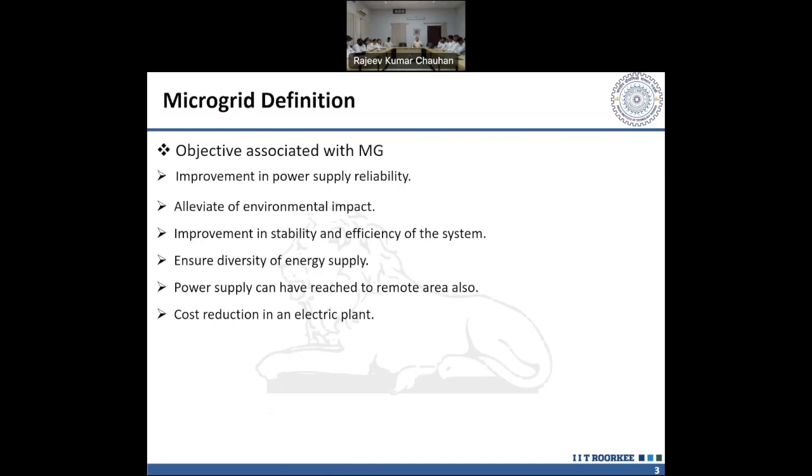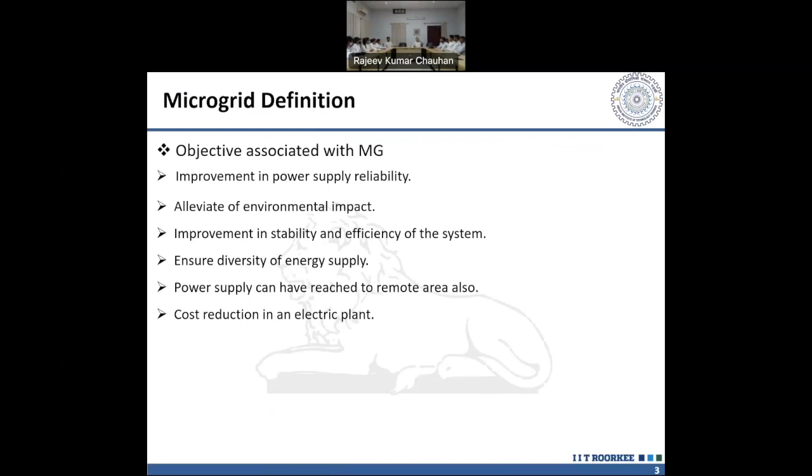Normally we have the grid accessibility. But in India itself, there are many areas where it is very difficult to connect the line, although we are reaching most of the parts. You can take the case of the hills, very remote villages. Suppose you require 100 kilometers of line where a very small village is there.